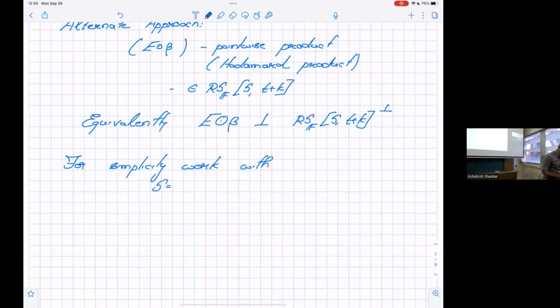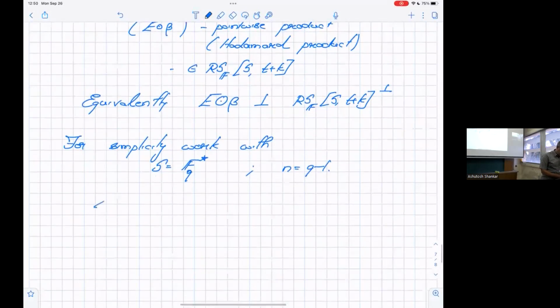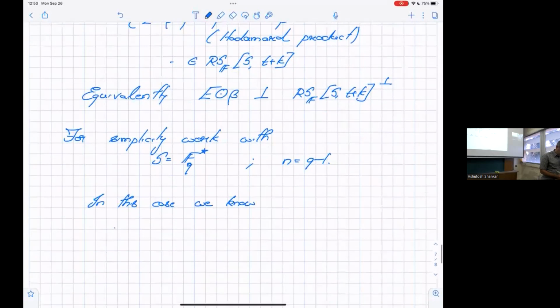Yes, B F star. N is equal to minus. In this case, we know R F F star K dual.